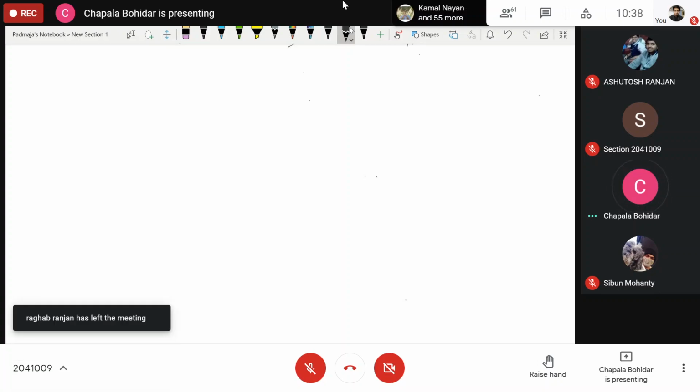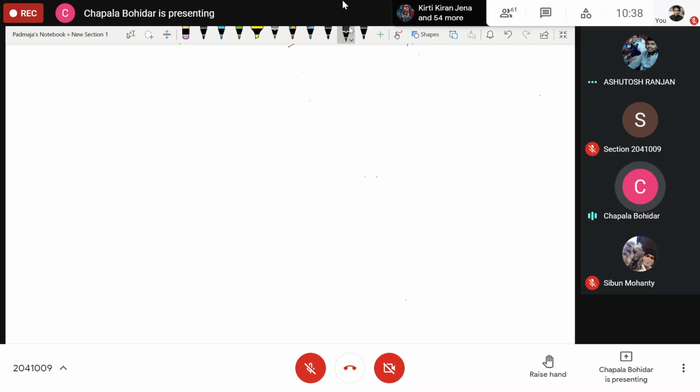Clear? And the sum of whose squares is as small as possible. Means minimum value, absolute minimum value.